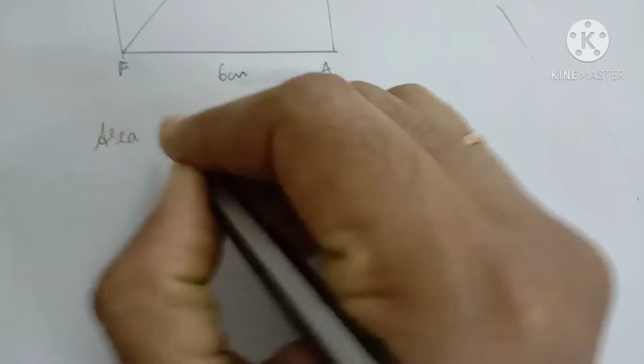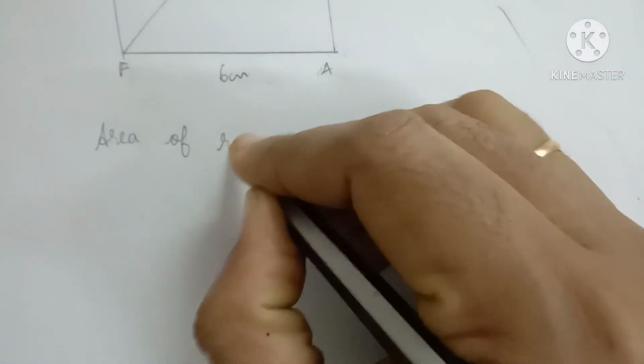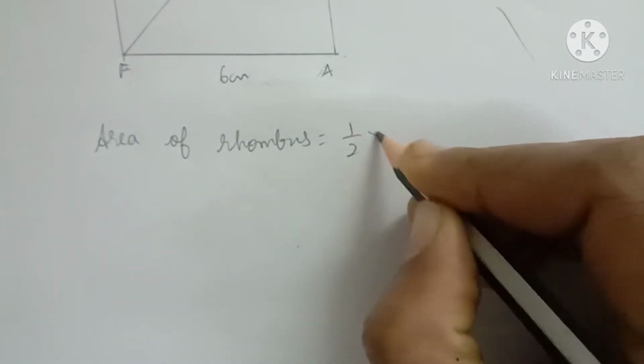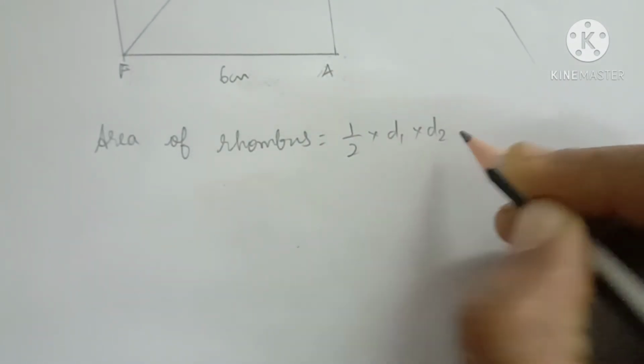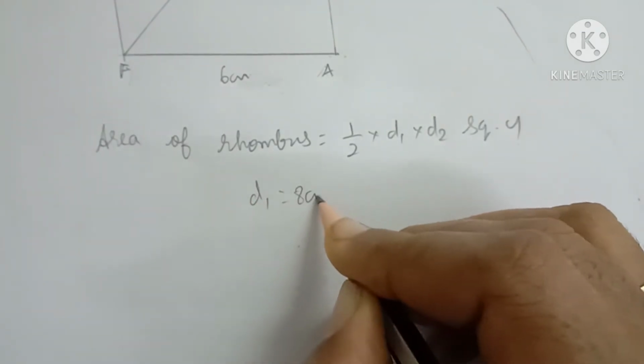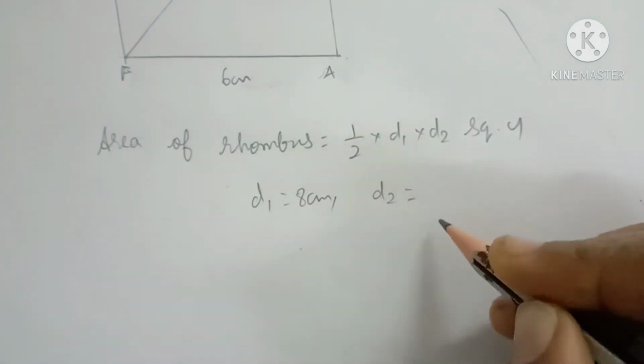Area of rhombus is equal to half into D1 into D2 square unit. So D1 value is 8 centimeter. Then D2 value we need to measure.